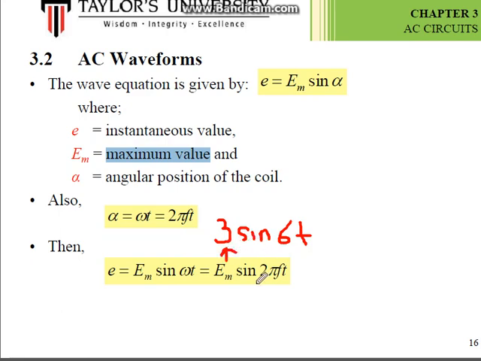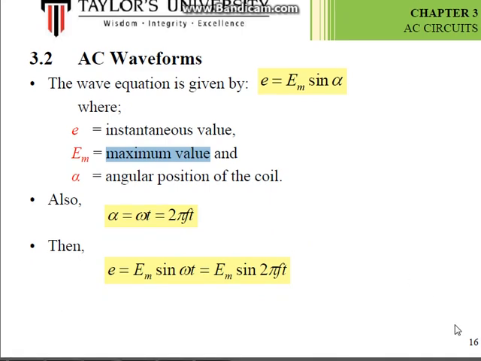Sine stays the same, but sometimes, let's say they ask you to get the frequency, you know that you can take 6 and make it equivalent to 2 pi f, and that's how you would get your f. So this is basically just like a normal mathematical equation.